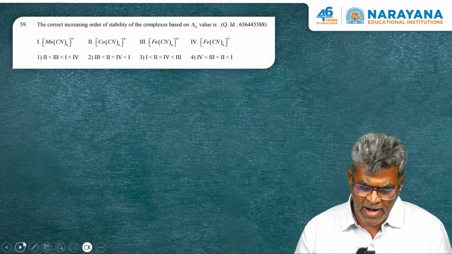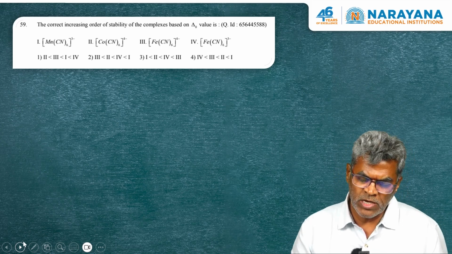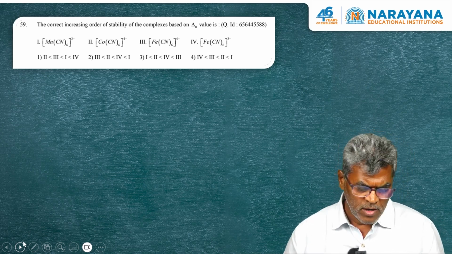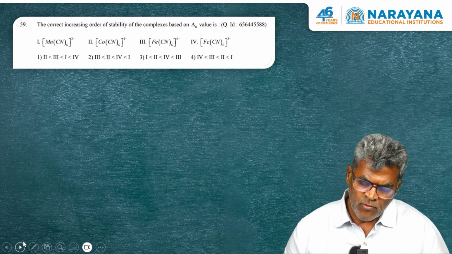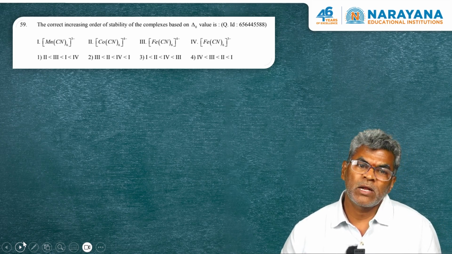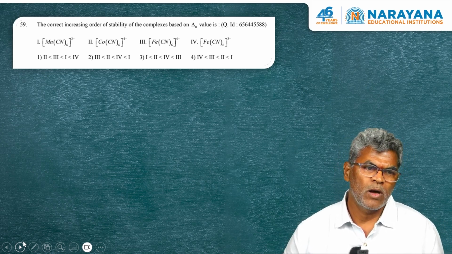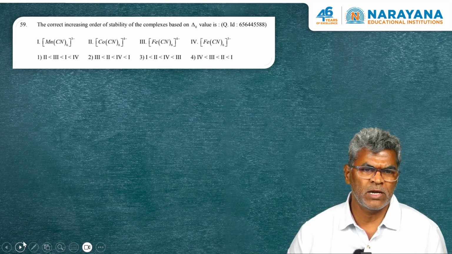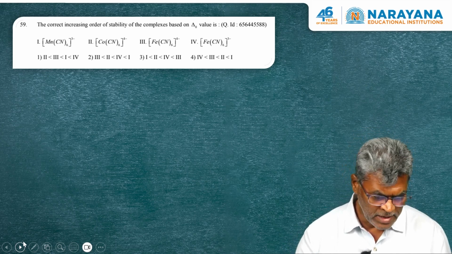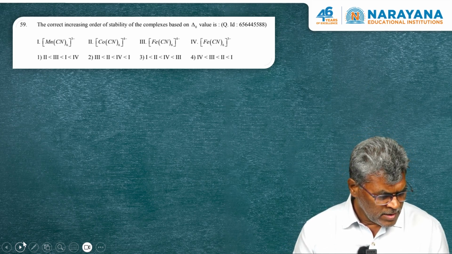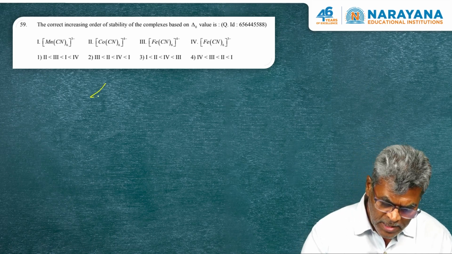Next, the stability of the complex compound. You need to write the inner shell complexes and outer shell complexes here. Since cyanide is a strong field ligand, all are inner shell complexes only. You need to write the delta naught value for each complex.